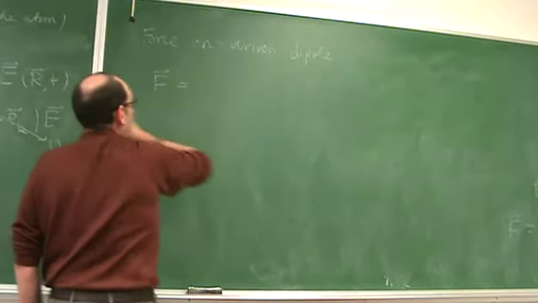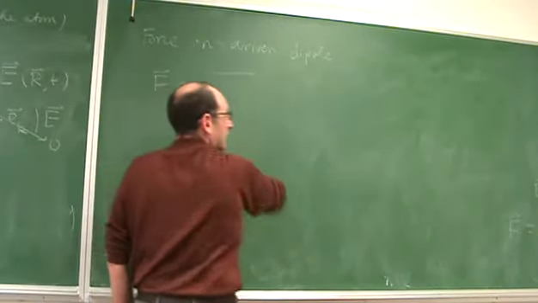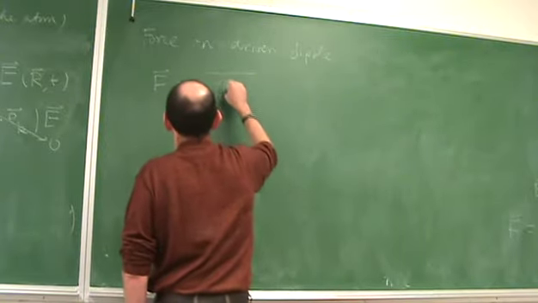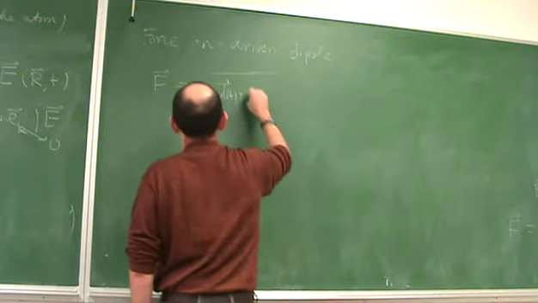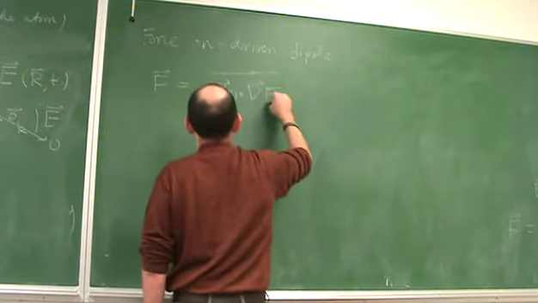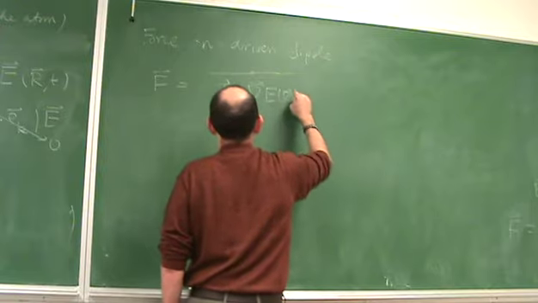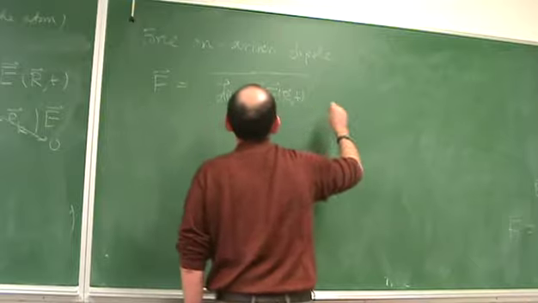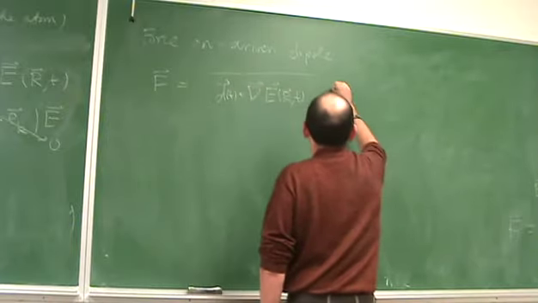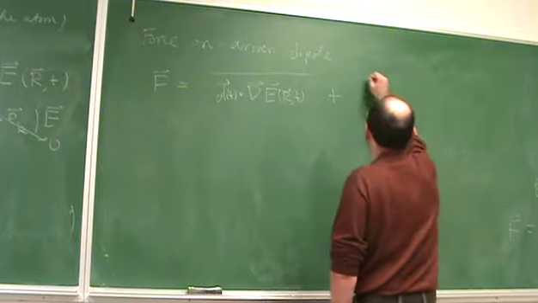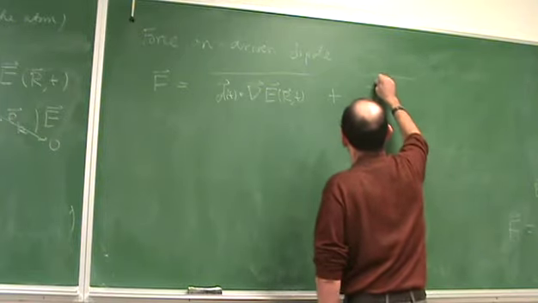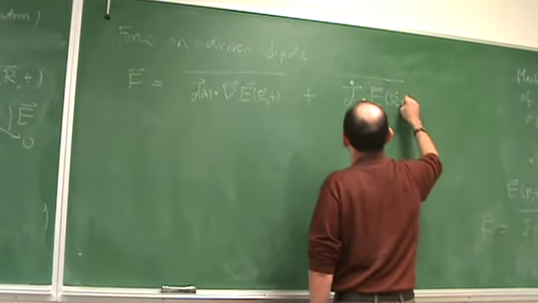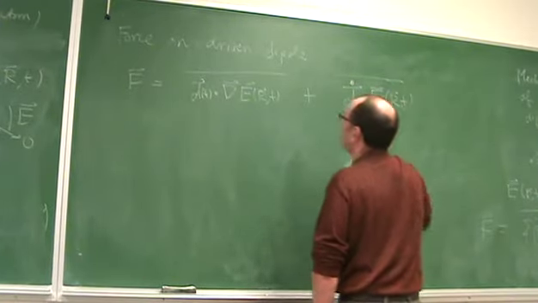We have the time averaged d as a function of time dotted into the gradient of the electric field as a function of position, plus the time average of d-dot dotted into the electric field as a function of position over c.